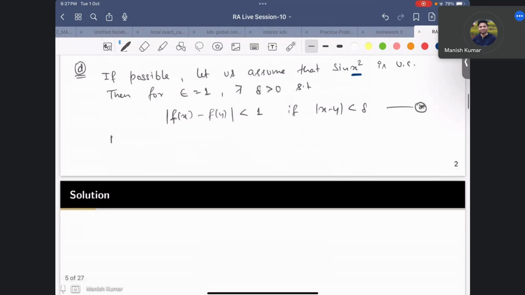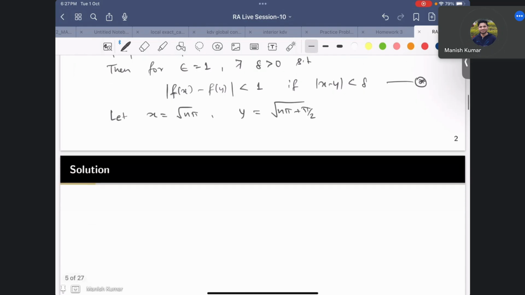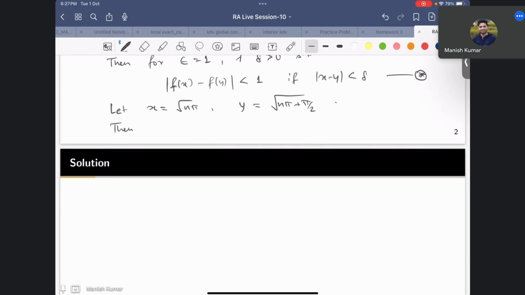Now let x equal root n pi and y equal root of n pi plus pi by 2. Then mod x minus y, if I rationalize it, I'll get n pi minus, so I'll get minus pi by 2. But anyway mod is there, and in the denominator I'll have root n pi plus root of n pi plus pi by 2. So let's say this is just pi by 2, and this is what I have.